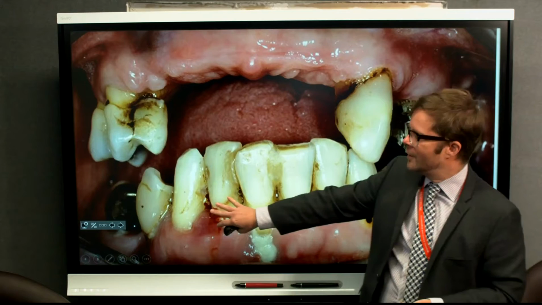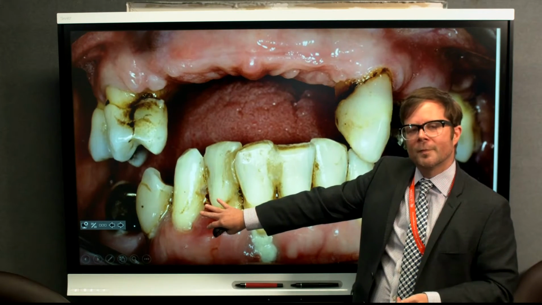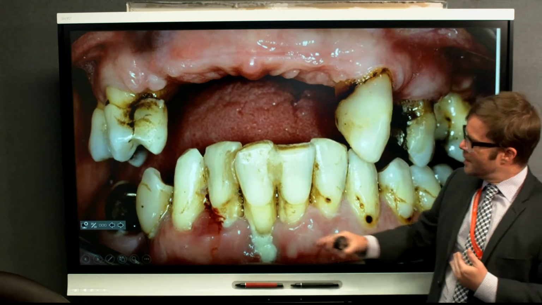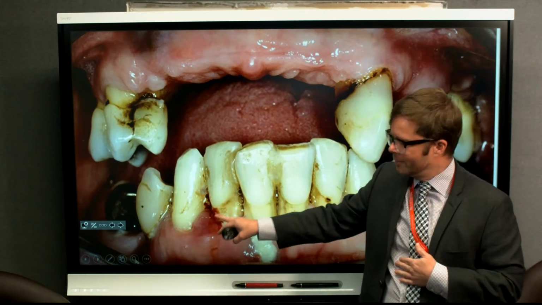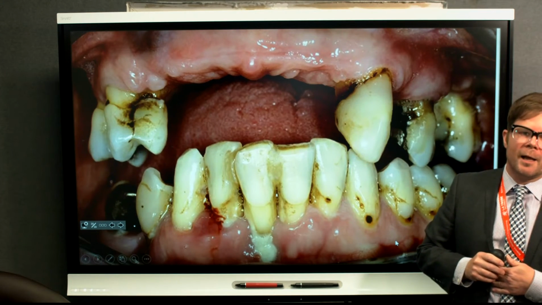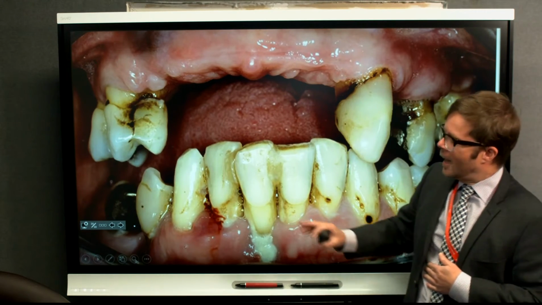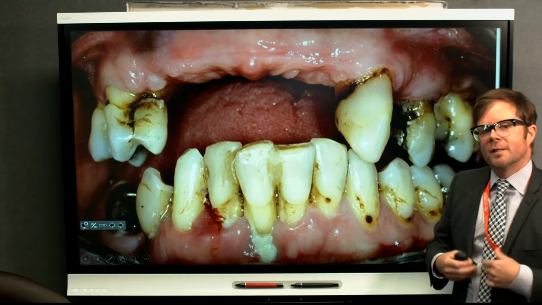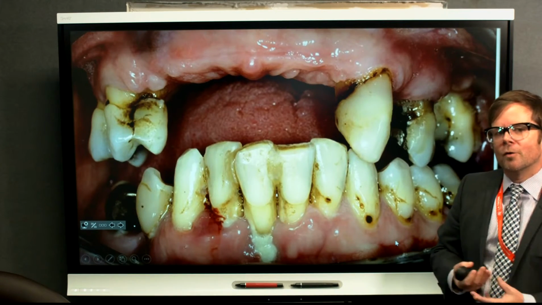So we start with the sign of problem, bleeding. We move through the process of what's causing this, probably suboptimal plaque removal, lack of interdental cleaning, and perhaps smoking. We have planned a goal, which is to achieve better gum health for the patient.